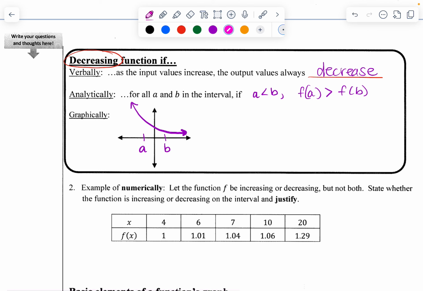And if I follow these up to the function, here's f of a, and here's f of b. So what we're saying is, for this value of a less than b, if I follow this up, if it's decreasing, that means this y value is higher than this other y value. And that's the definition of a decreasing function.